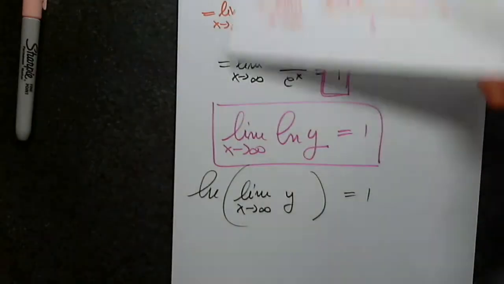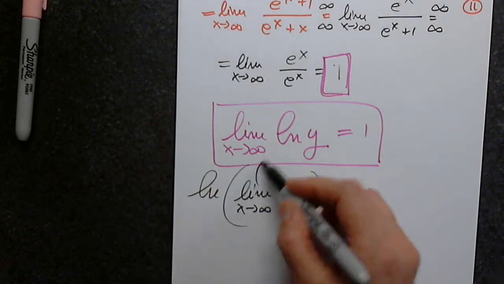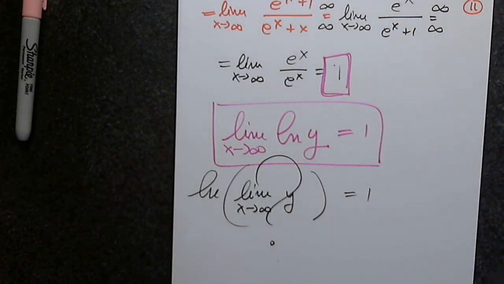And now we have to think, what can this be? Natural log of something equals 1. And it's only one number. There is no natural log of 0. Exactly. This must be e.